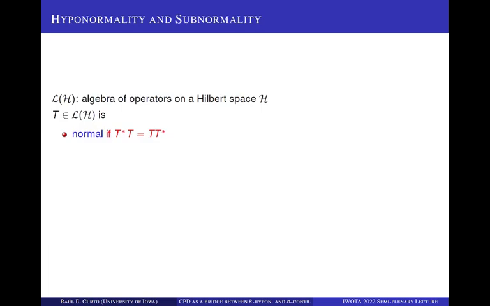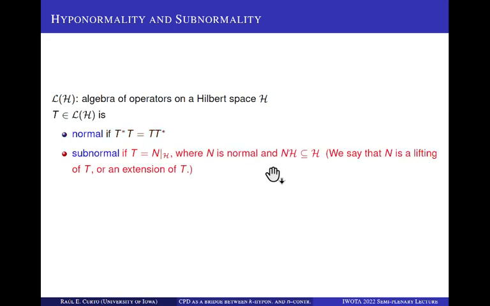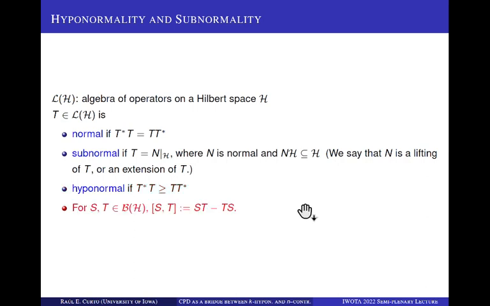We're going to start with Hilbert space, the algebra of bounded operators on H, and the notion of normal, T star T equal T T star; subnormal, the restriction of a normal operator to an invariant subspace; hyponormal when T star T is bigger or equal to T T star.